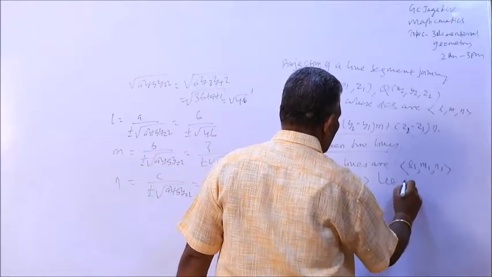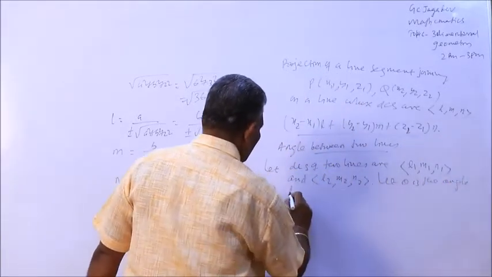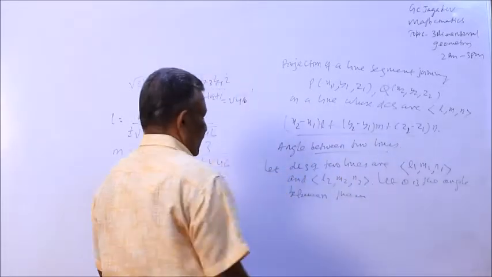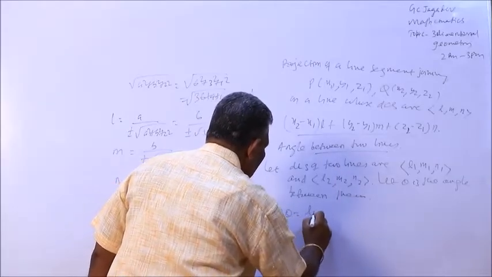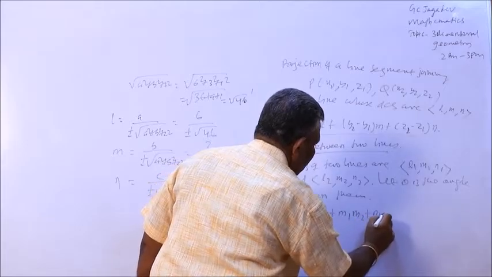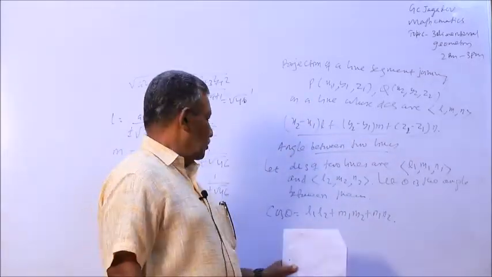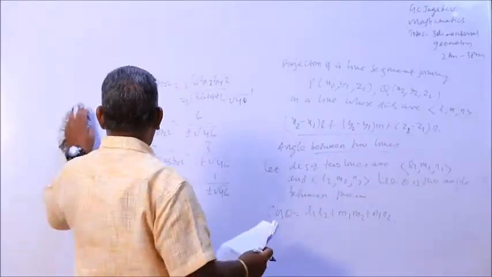Let theta be the angle between them. Then cos theta equals L1 L2 plus M1 M2 plus N1 N2. If DCS are given like this, cos theta equals L1 L2 plus M1 M2 plus N1 N2. Then you can find theta.